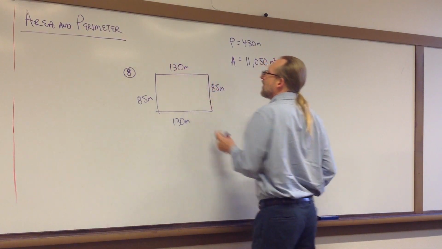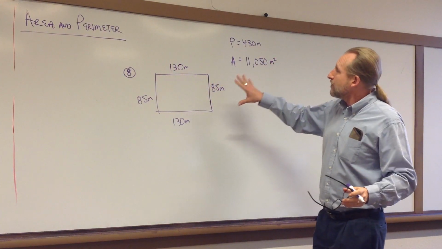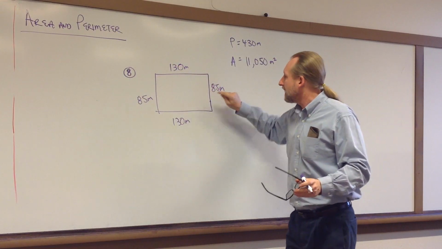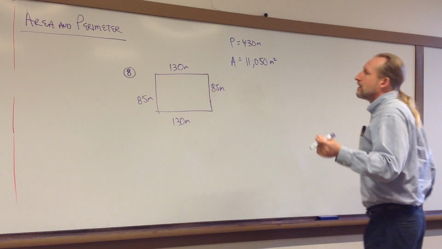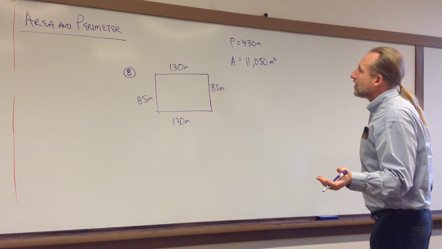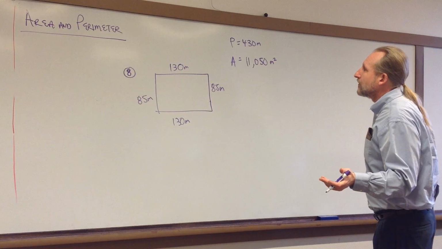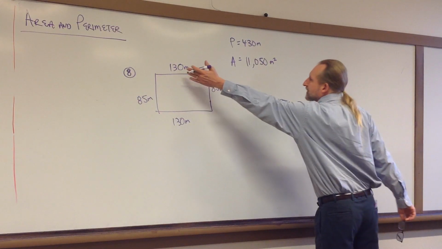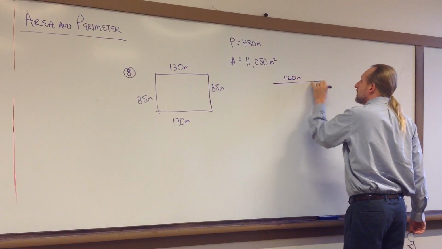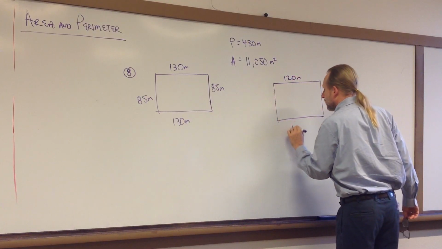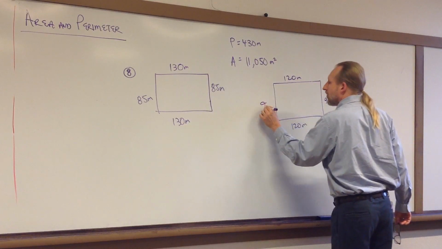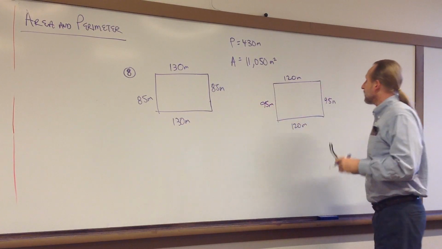Okay, so problem 8, we want the same perimeter, but a larger area. If we want a larger area, that means we want to make this more square-like, so let's take away from the longer side, add it to the smaller side. Let's just take 10 away. So now this will be 120 meters on the lengths and 95 meters on the widths.